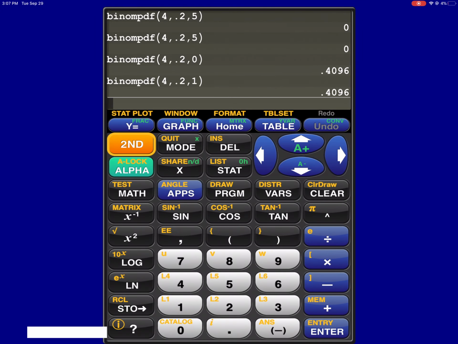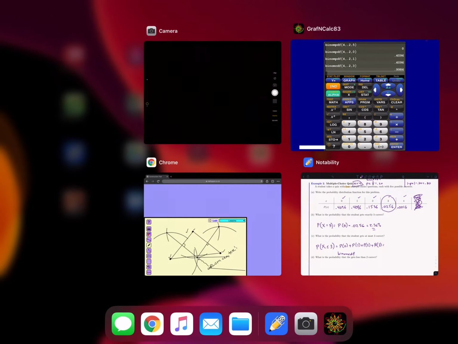I'm going to hit second, distribution, binomial CDF. I type this in exactly the same because I still have 4 questions. My probability of success is still 0.2. But in this case, I want to go up to 3. Now this is going to add all those values up from 0 to 3. And it looks like I get 0.9984.